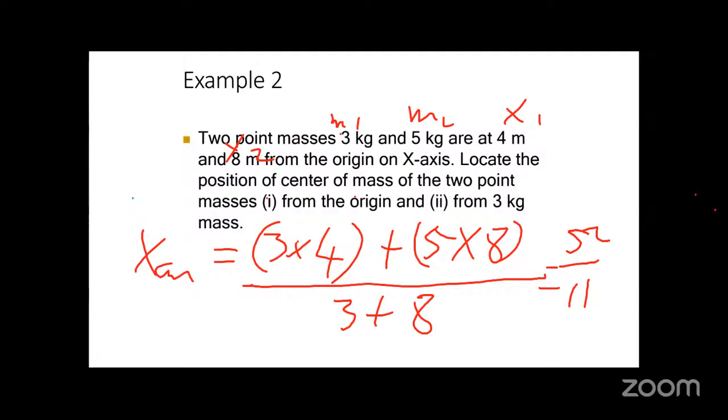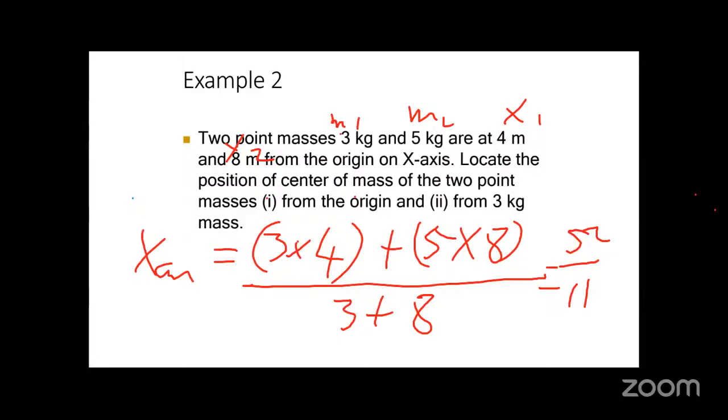Sir, isn't M2 5? 5 is M2 now. You put 8. I put what, 8? Or you have forgotten the formula? No, I remember the formula. You put 3 plus 8. 3 plus 5, sir, below.